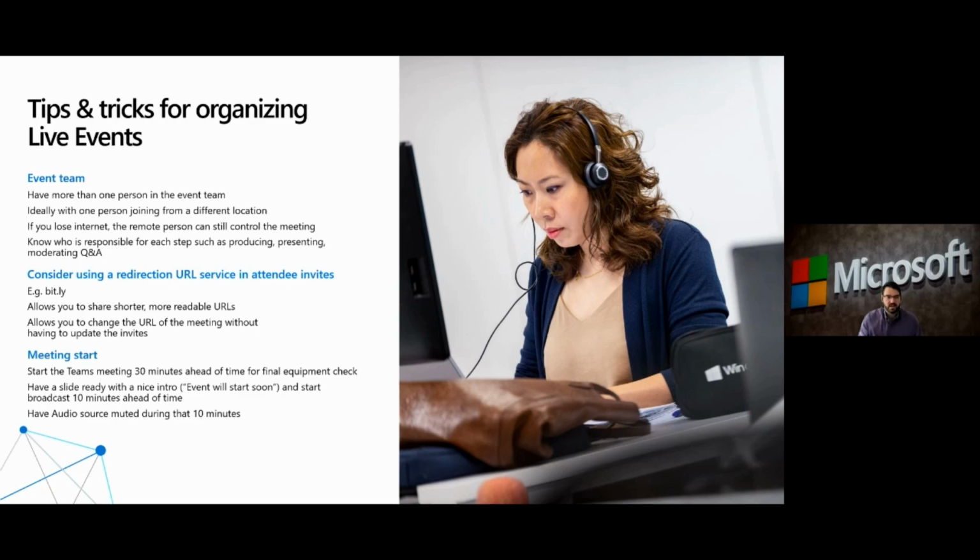One of the things we also want to make sure of is that you start the meeting before you get going. Like this meeting, we were all on 30 minutes before with the production team and the presenters, and our Q&A panel showed up probably 10 to 15 minutes ahead of time. One of the things you can do is start the broadcast about 10 minutes ahead of time and have everybody muted.